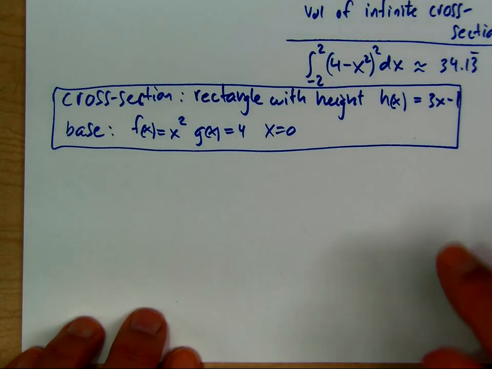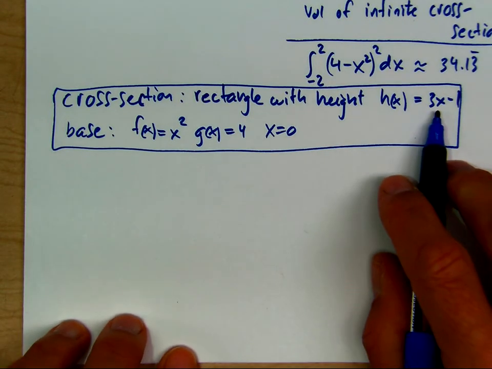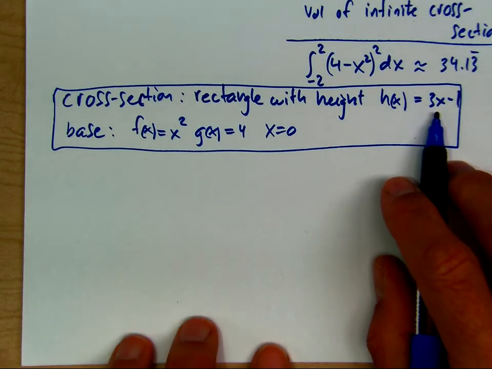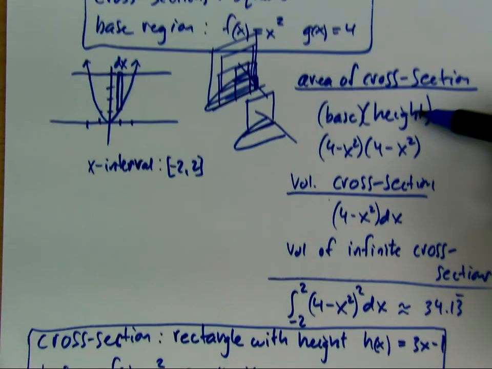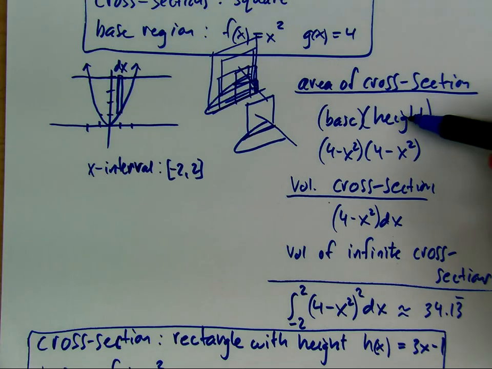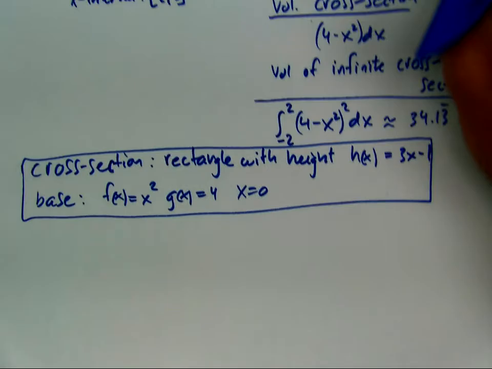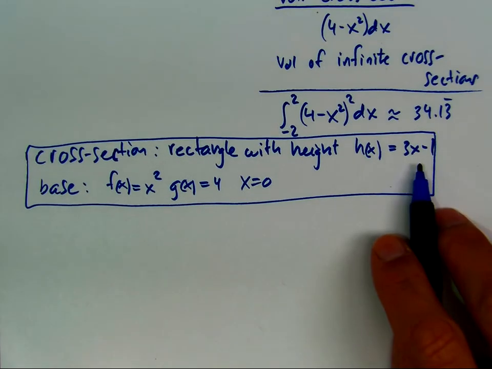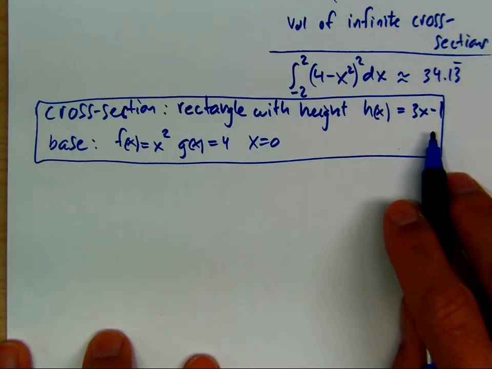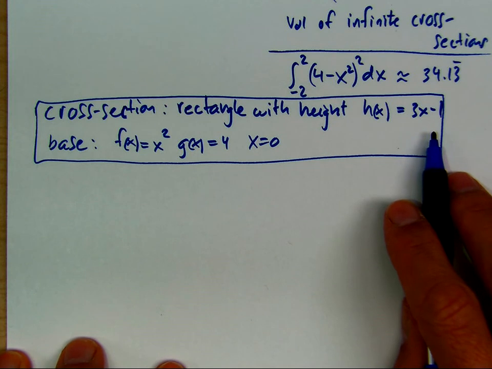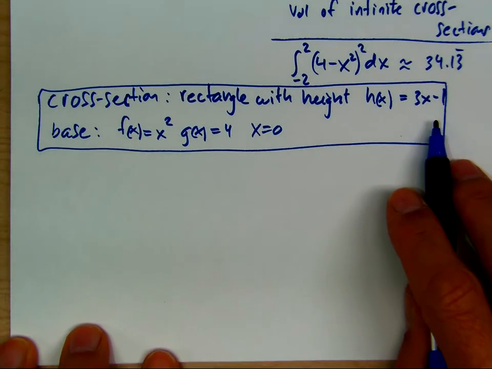Okay, so this is just going to be used when we multiply the height up here. So with a square, we find the base. Well, we're still going to need to find the base in this one, but the height is going to be 3x minus 1. So pause the video and try this one.